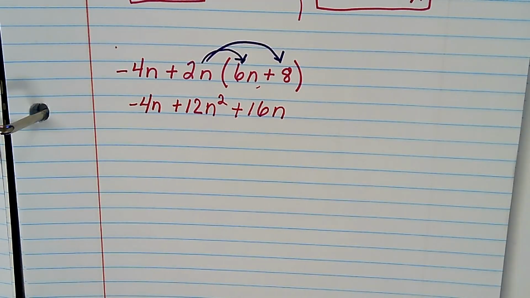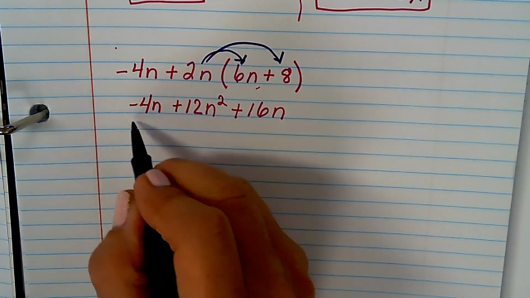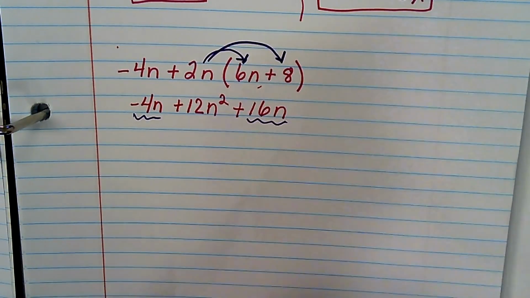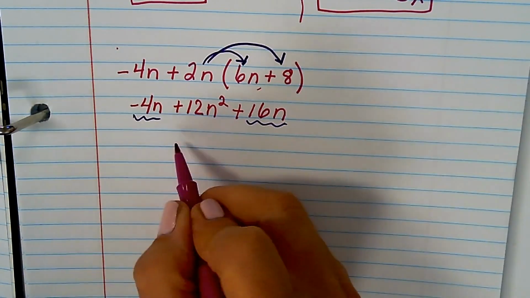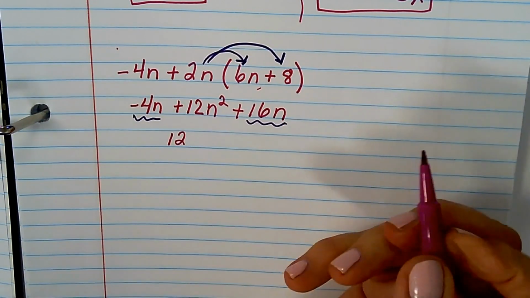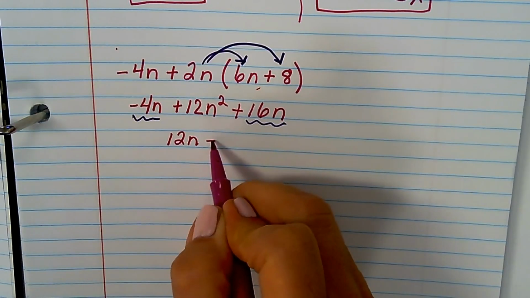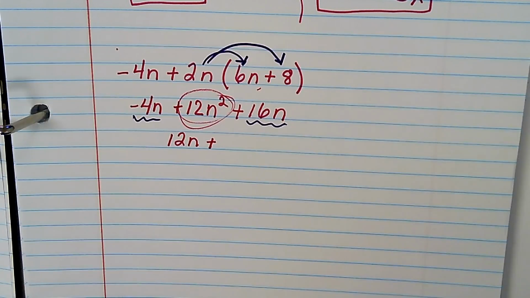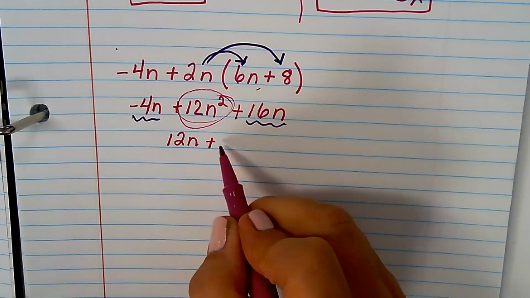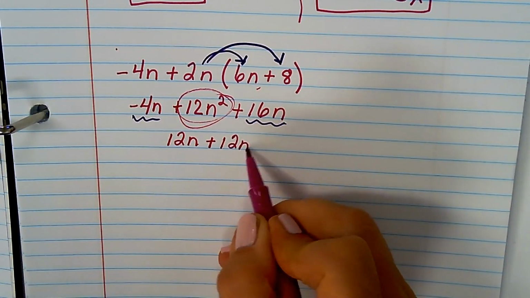Negative 4 and positive 16. A negative 4 and positive 16 is going to be what? Positive 12. So we have positive 12n plus, is there anything to add this with? Nope. So just bring it over. Good there?